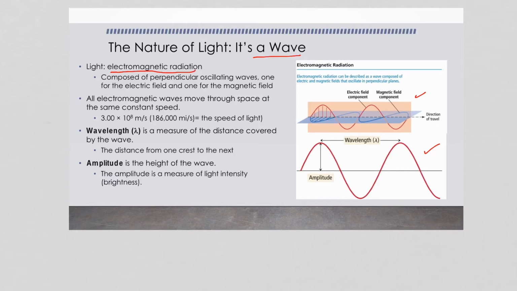Now, some of the key properties of electromagnetic waves we need to understand is that electromagnetic waves move through space at a constant speed of 3 times 10 to the 8 meters per second, or what we more commonly know as the speed of light. We should understand that this speed is in a vacuum.